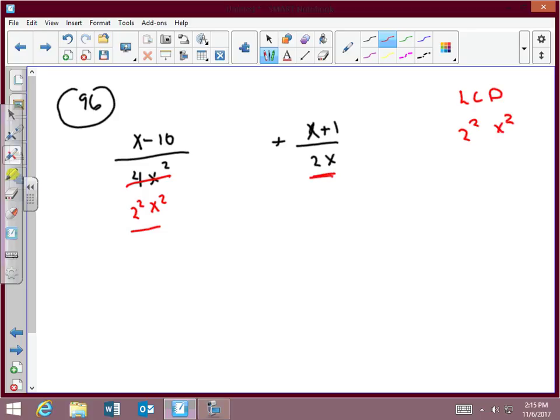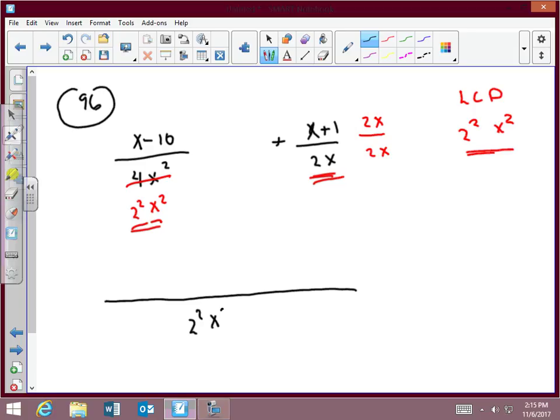Look here, it says I have to have a 2x. Well, I got 2 squared x squared. I'm covered. Now you look at this denominator and compare it to least common, don't have to do anything. I look at this denominator, I have to have a 2 and an x. So it's 2x. Everyone good? Now each denominator has a 2 squared x squared in it, right?